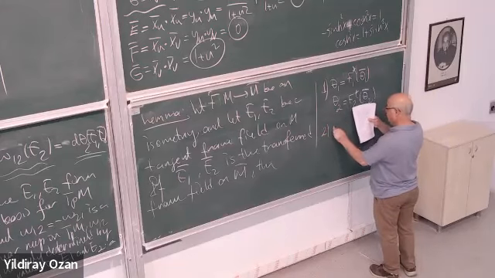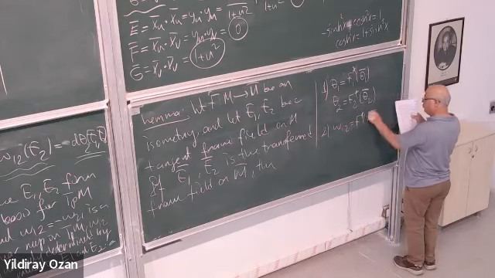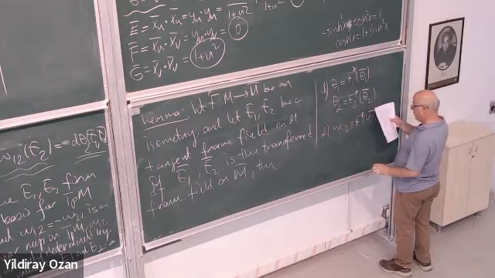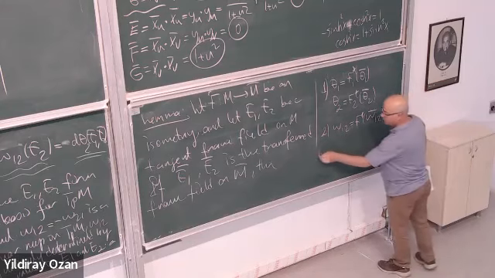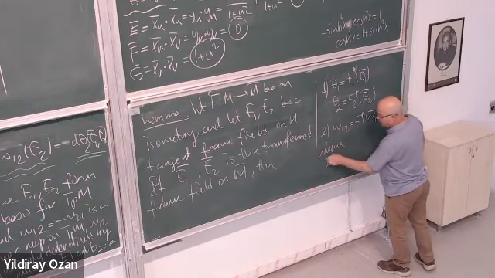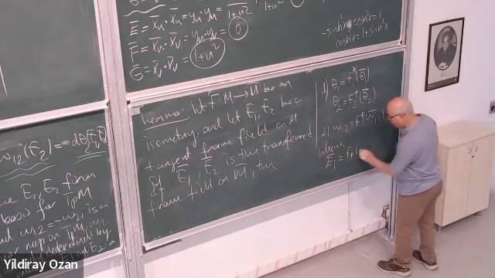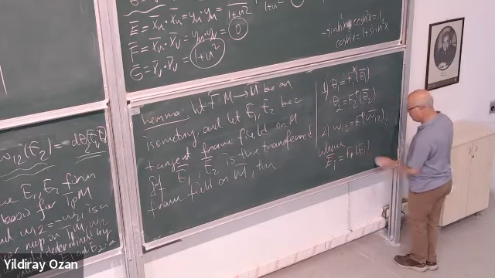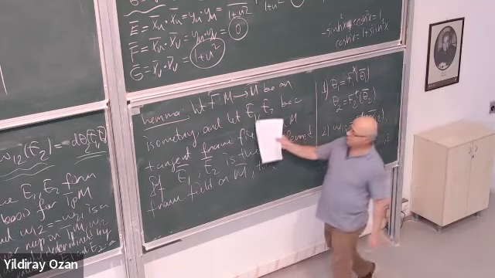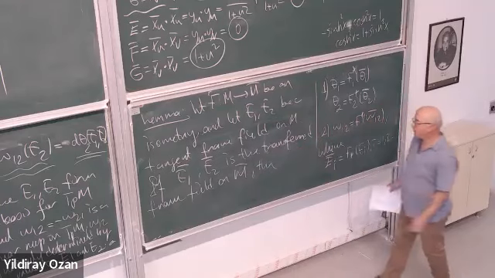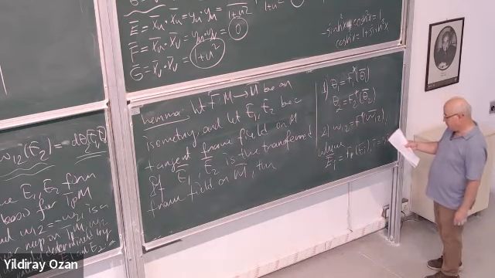And W12 is just the pullback of W12 bar. But E_i bar is just F star of E_i. So these are just the images of E1 and E2 under F. Okay.